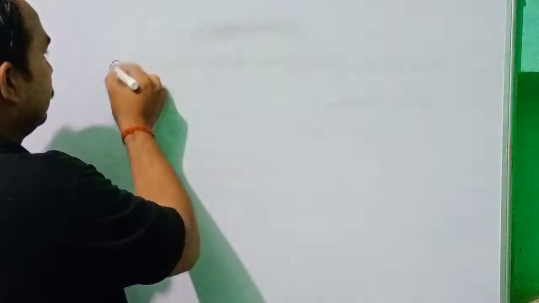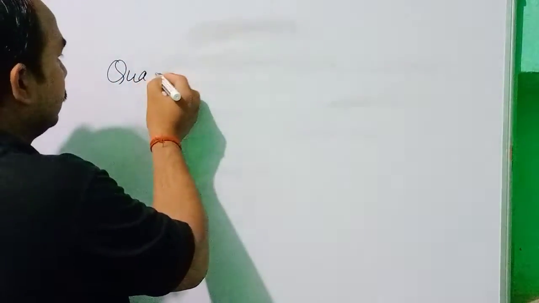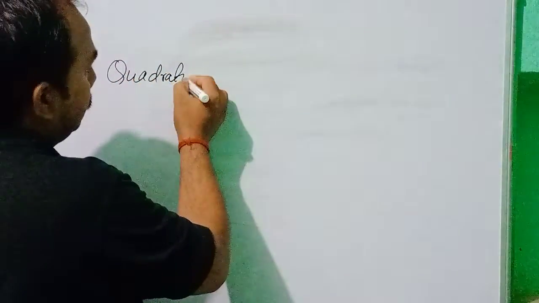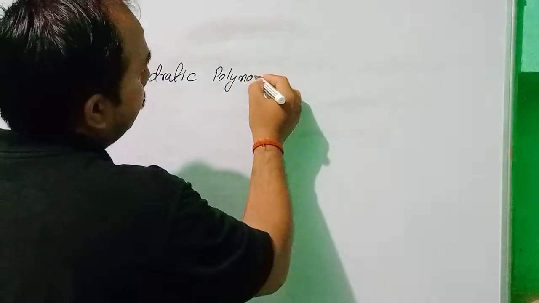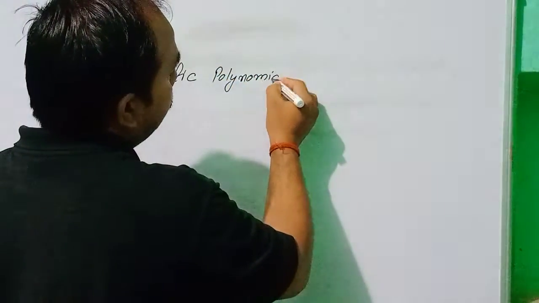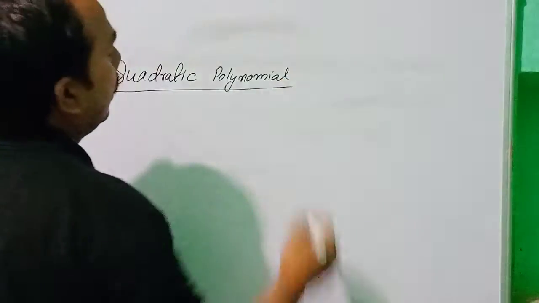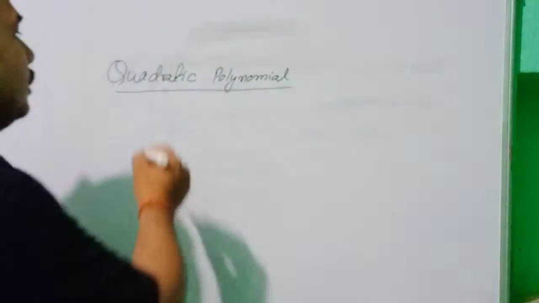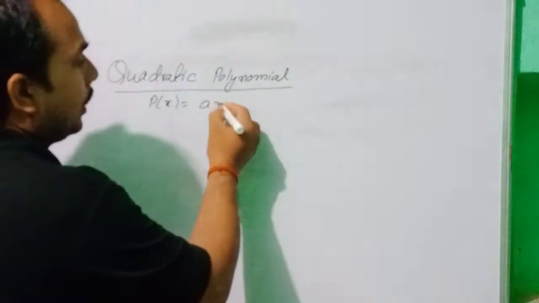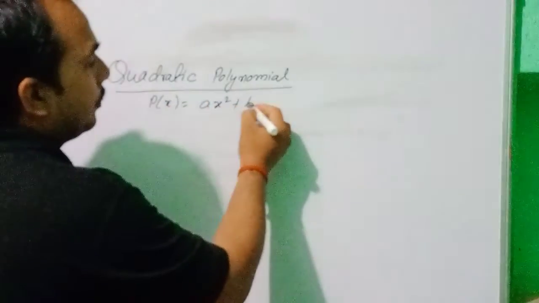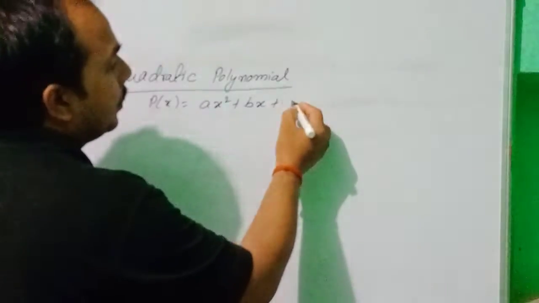Quadratic. First of all, we will write quadratic polynomial in this way: ax square plus bx plus c.